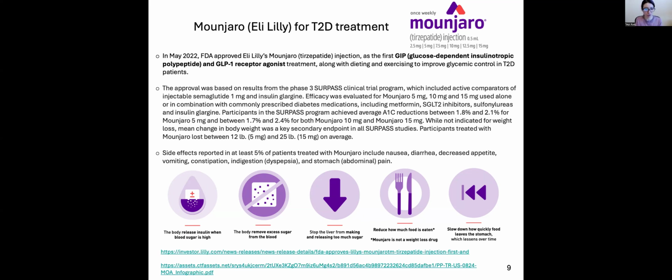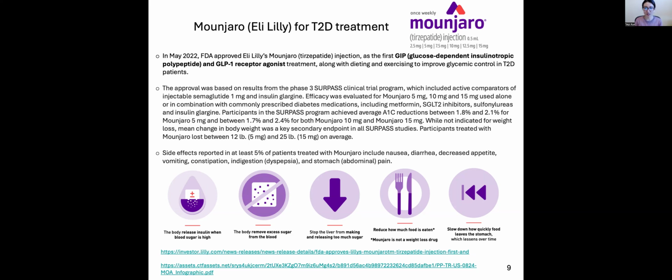And the approval of Mounjaro was based on a phase 3 SURPASS clinical trial program, which included active comparators of injectable semaglutide, 1 mg, and insulin glargine. And we talked about what glargine is.